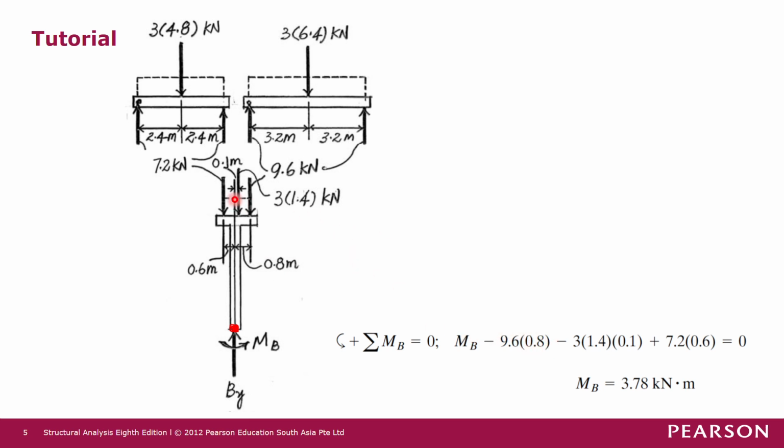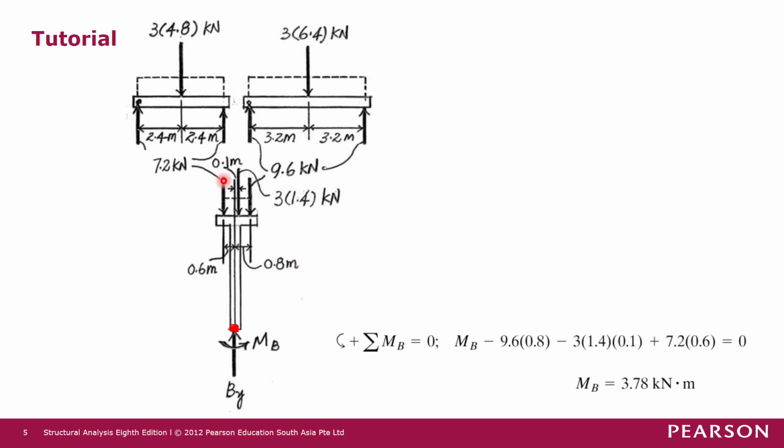And then the next force that we look at is this 3 times 1.4 kilonewton. So this force has a moment arm of 0.1 meter, and then it produces a clockwise moment about joint B. So it's a negative moment of 3 times 1.4. This is the force, and this is the moment arm of 0.1 meter.